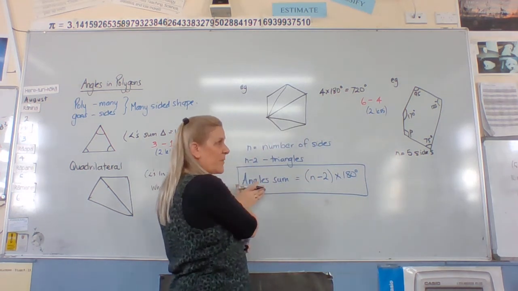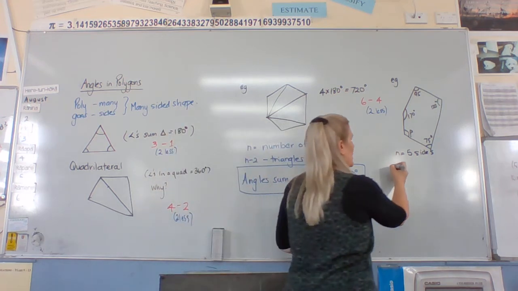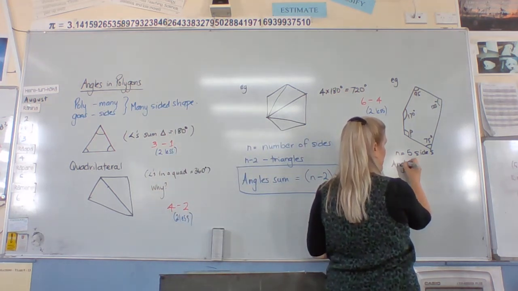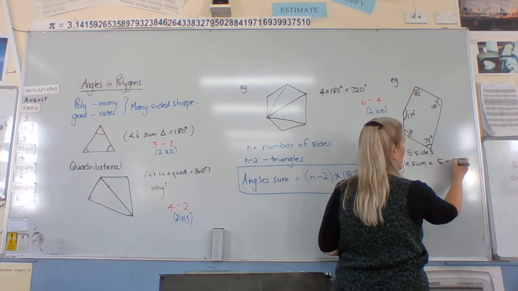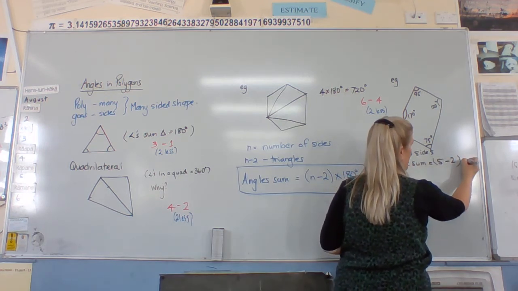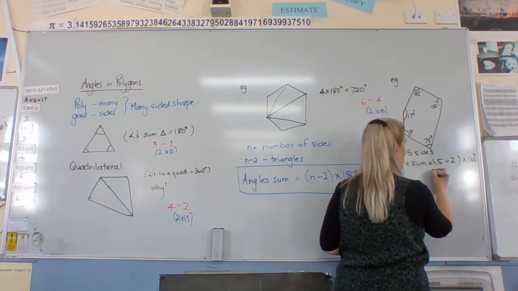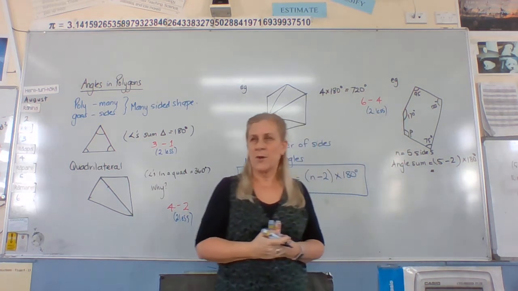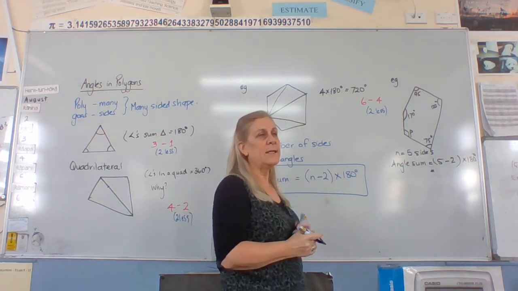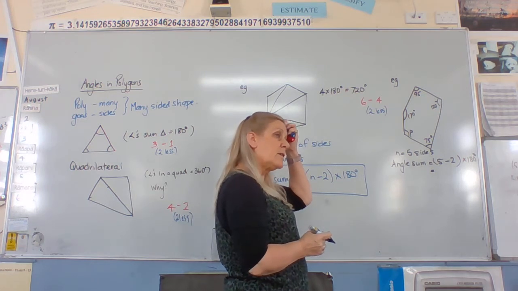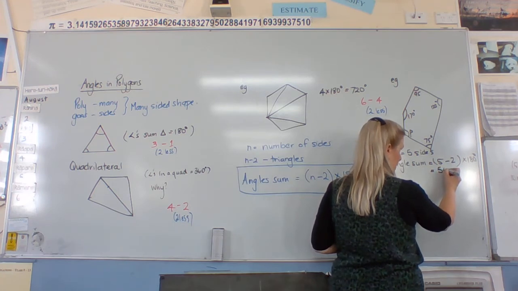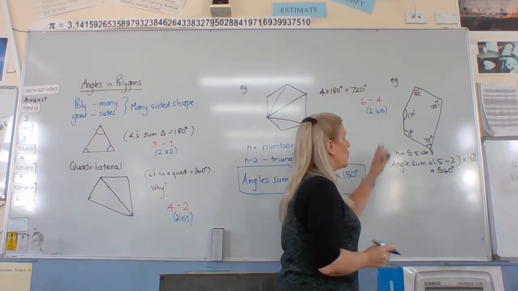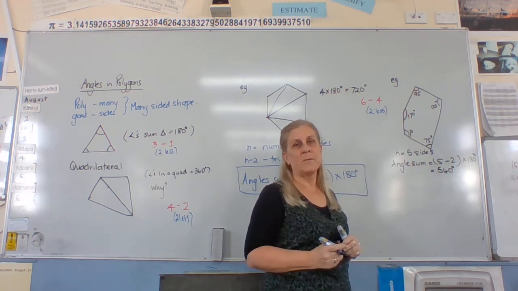So I'm now going to find the angle sum. The sum of all those angles is 5 take away 2 times 180, which we can put in our calculator if we have to. So 3 times 180 is 540. So all of those angles need to add up to 540.